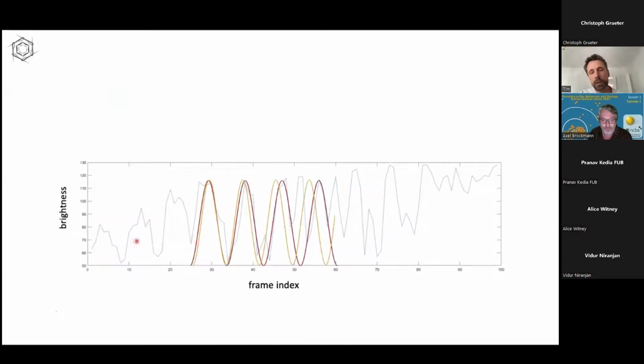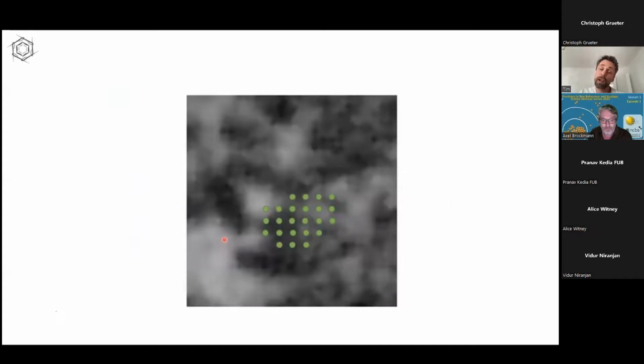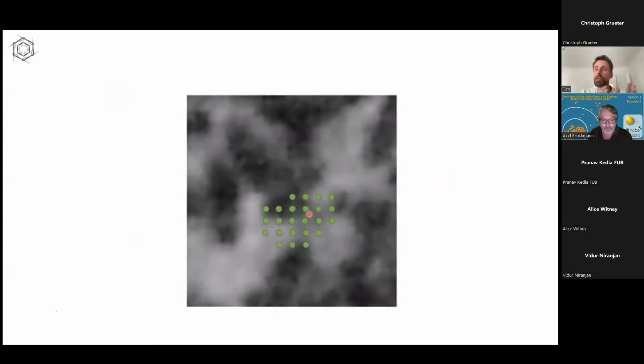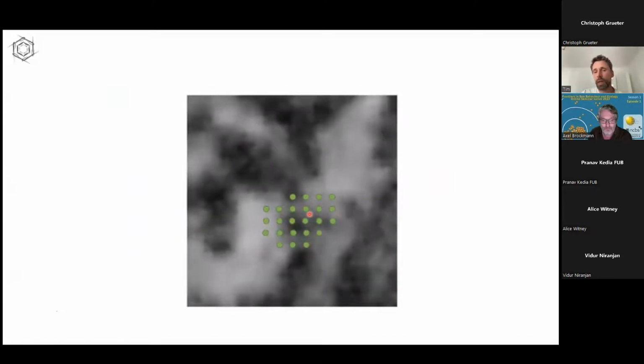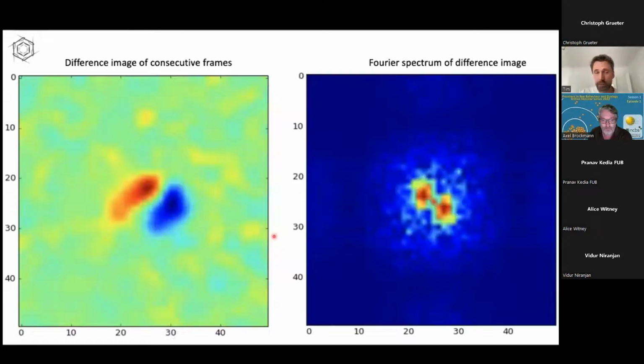And then we can move this over. And if we find many of these pixels that in a sufficient amount of time show a good match, then we have a detection. And that's what the software does. And then to determine the angle, we use difference images, so consecutive images in time are subtracted, and then we can take the Fourier transform of that, filter a little bit, and then we have the angle.